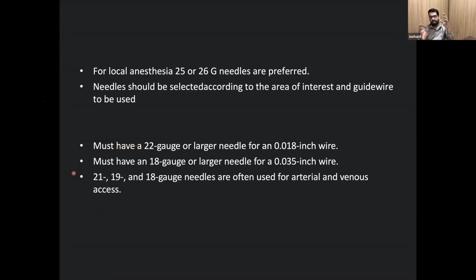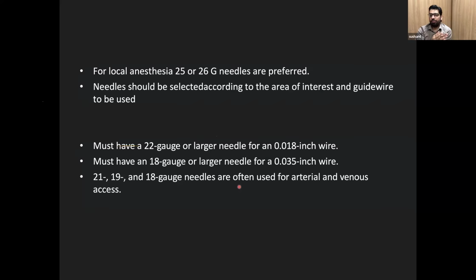So the compatibility is very important. If we use a non-compatible needle with a thicker wire, we cannot proceed ahead for the placement of further catheters and the wires. So a 22 gauge needle will accept a 0.018-inch wire, and if we use 18 gauge, it can have a 0.035-inch wire acceptability.